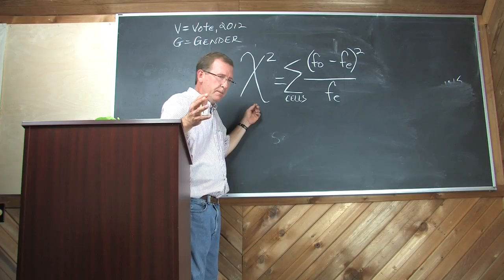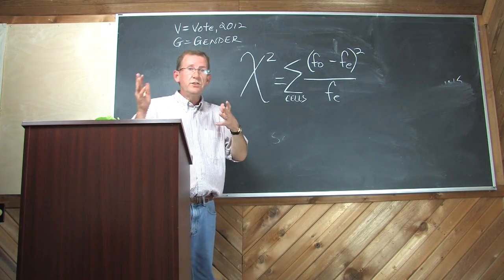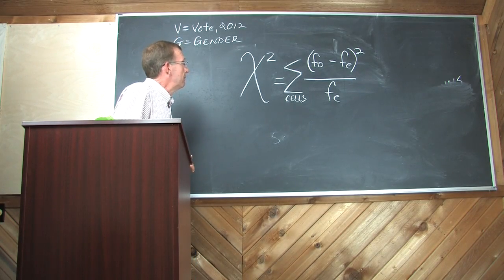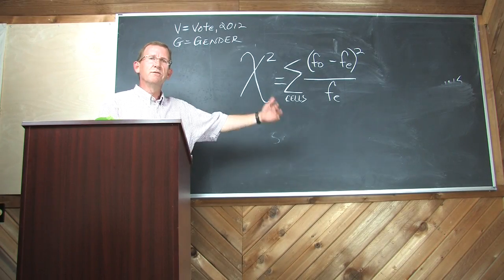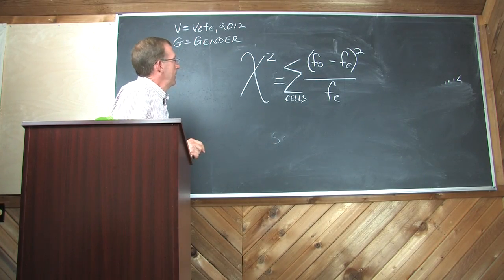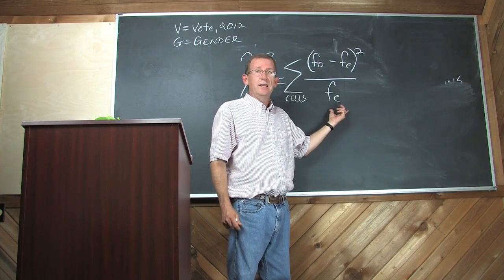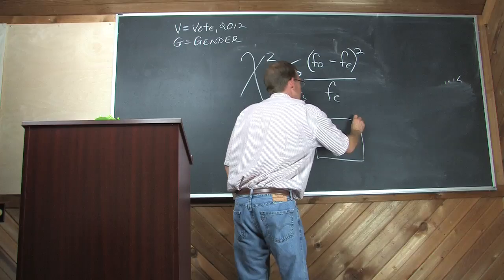Chi-square is a family of distributions that differ in shape and in terms of the area underneath the curve based on the size of the table, right? So we call it degrees of freedom. We'll see that in a minute. Different ones have different degrees of freedom, but you calculate it simply by making a calculation inside each cell. So a minute ago, here's what I just erased.